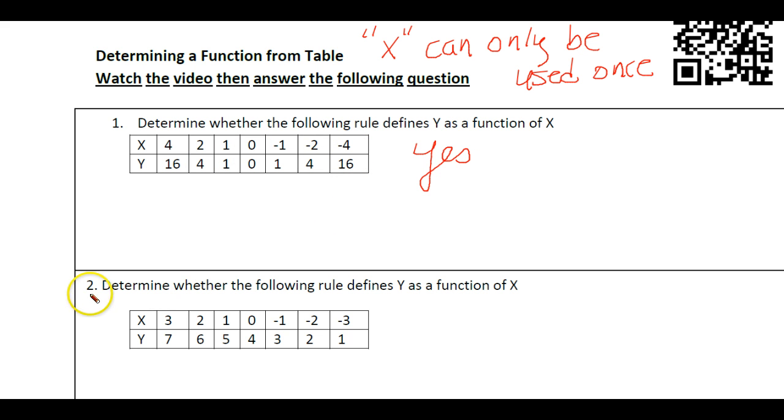All right, let's look at number 2. The x values: 3, 2, 1, 0, negative 1, negative 2, negative 3. Are the x elements used more than once? No. So this is a function.